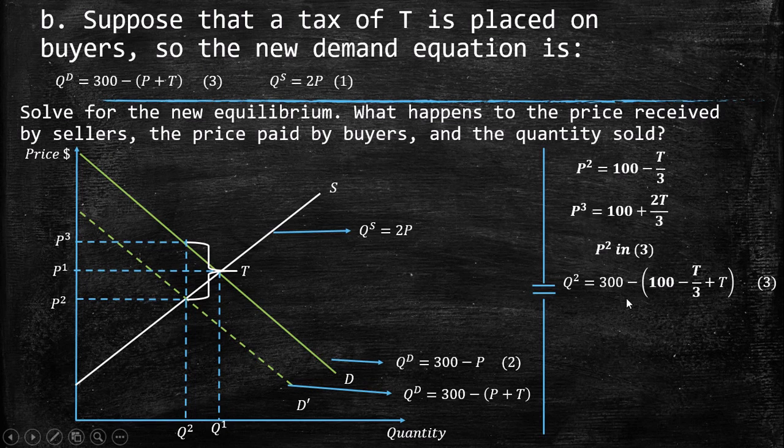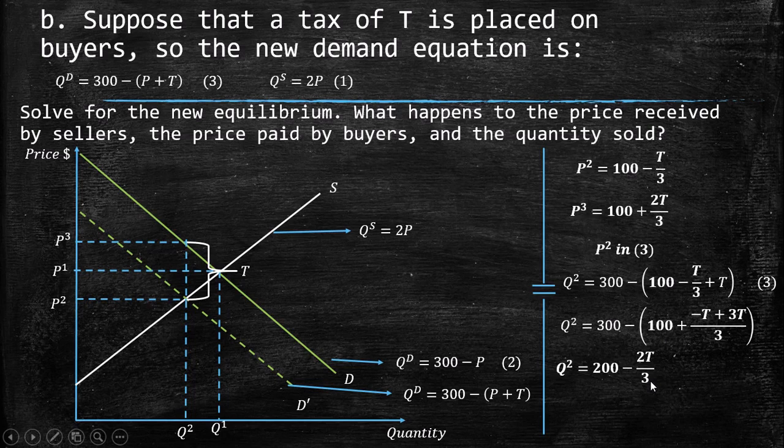So it's going to be 300 minus P, and the P that I'm adding here is P2, plus T. So here we make again the sum: this is going to be 300 minus 100, and minus 2T over 3.